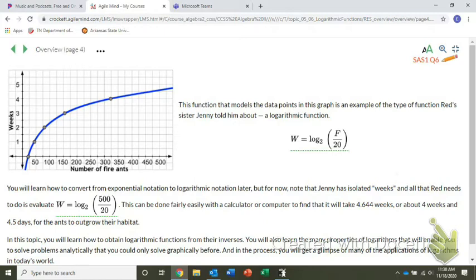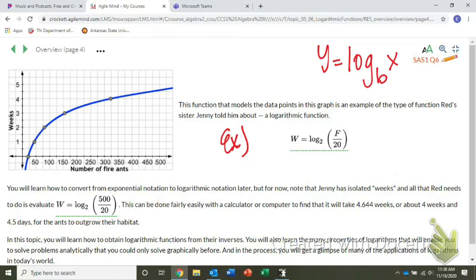Okay? So, now, I want you to write this equation as an example. W equals log base 2 and then f over 20 in parentheses. Okay? So remember, it's y equals log base b of x.